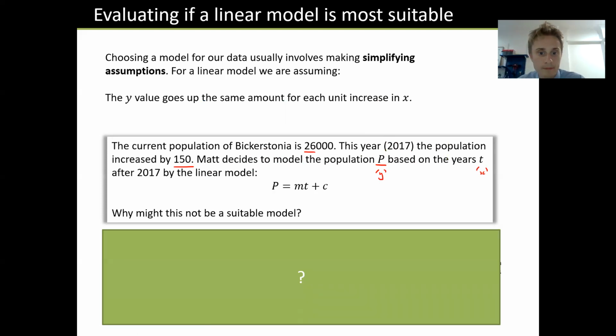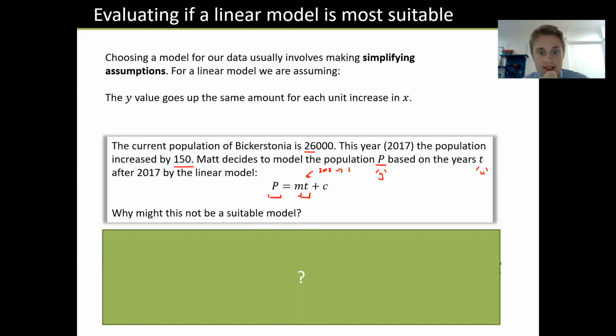And it says the population is m times t, where t is the years after 2017. So what's m here? M looks like it's a gradient, so we don't know. For example, you're going to say like 2018, you would write as 1. You don't put 2018 there, it says the years after.